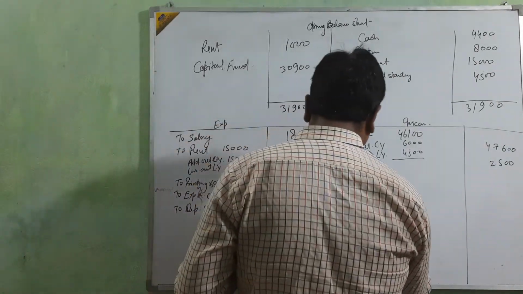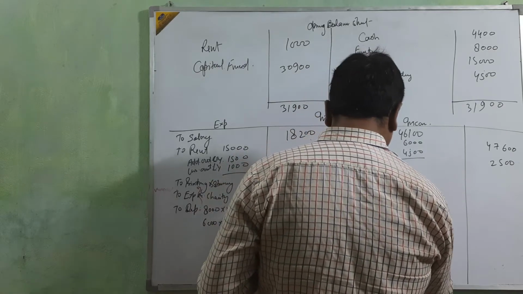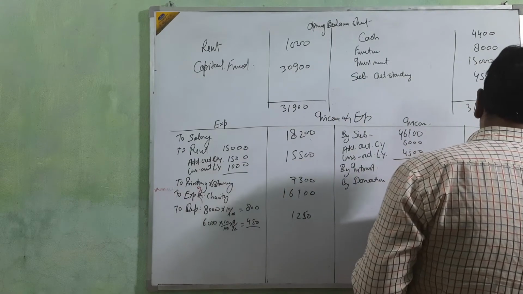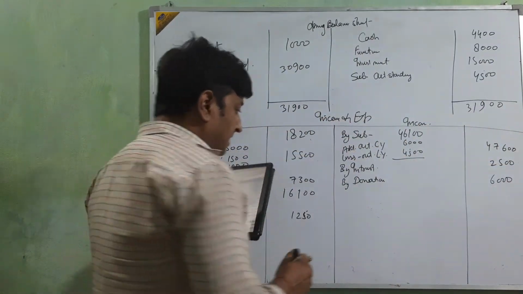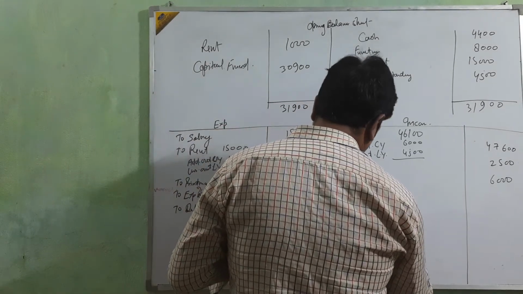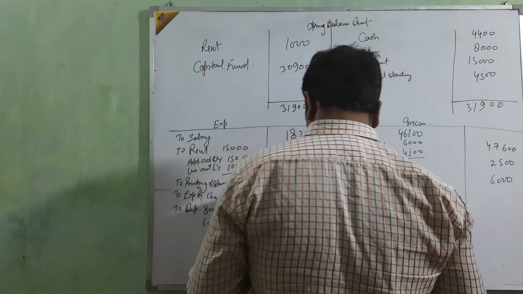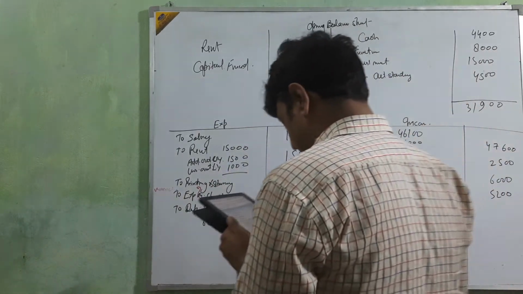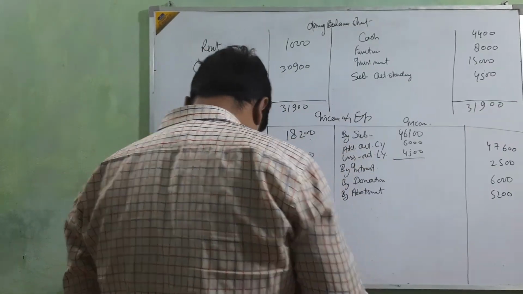By donation, the amount is 6,000. Then receive from advertisement, 5,200. Okay beta, nothing else.